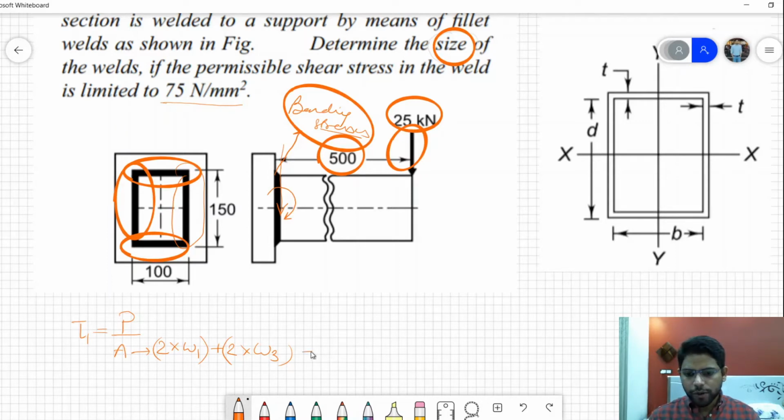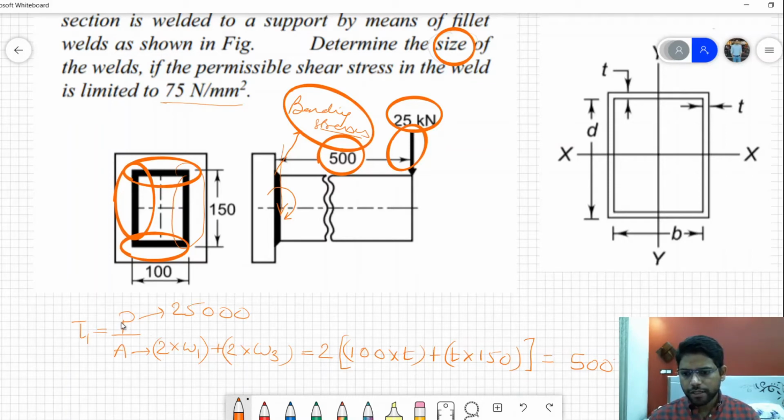So this will be equal to 2 multiplied by the area of the first weld, which is 100 multiplied by T, plus the area of the third weld, which is T multiplied by 150. Now T, as you all know, is the throat length. Now this complete expression will be equal to 500 T mm square. So this is the total area of all the welds.